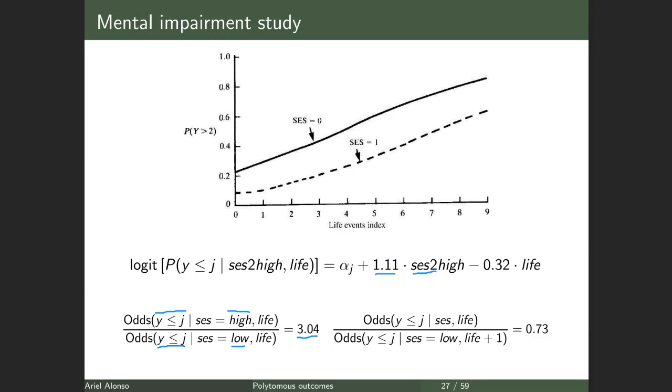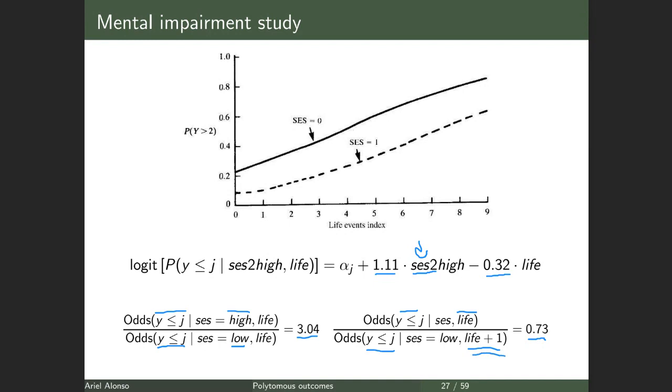And the interpretation is basically the same as in logistic regression. If you exponentiate e to the power minus 0.32, then you get about 0.70. And that basically means that, once you adjust for socioeconomic status, the odds of having a response smaller or equal than j if the number of life events is increased by 1 are multiplied by about 0.7.